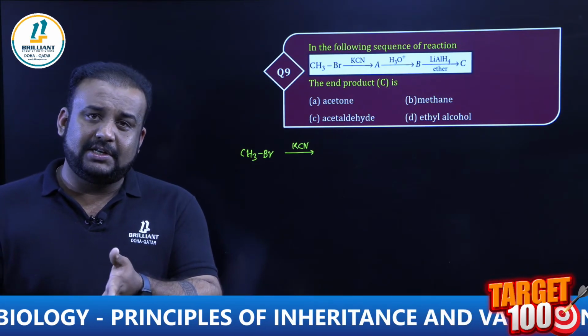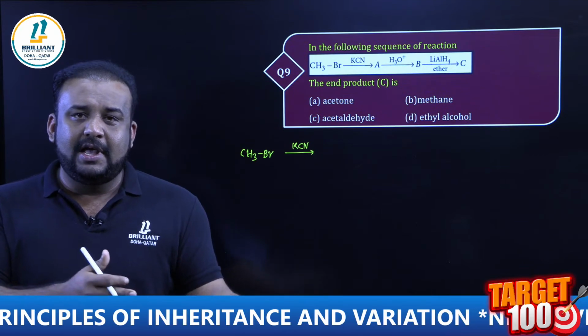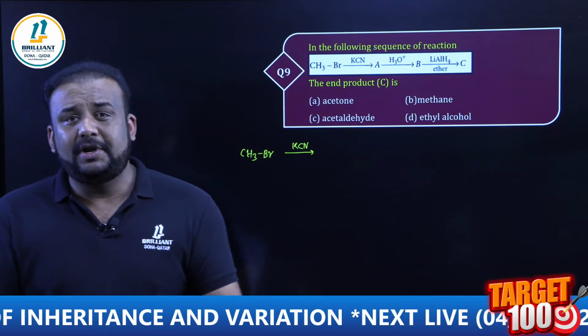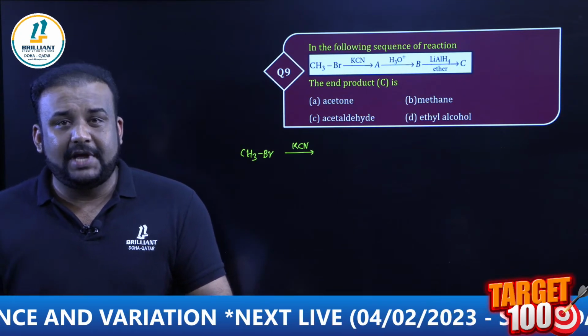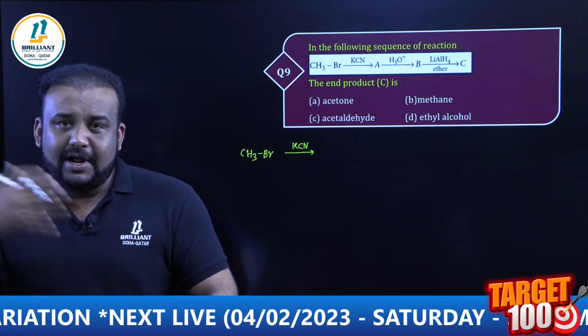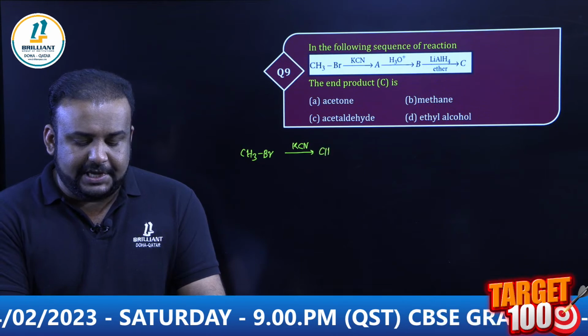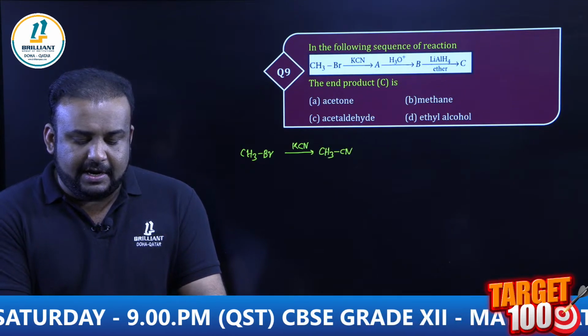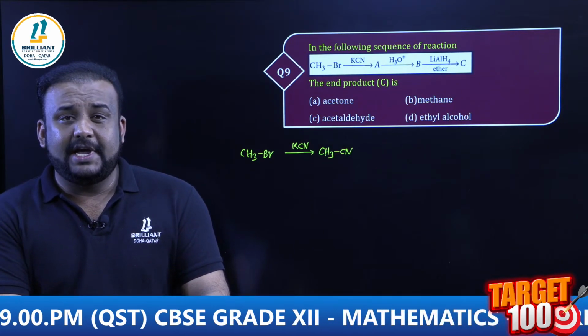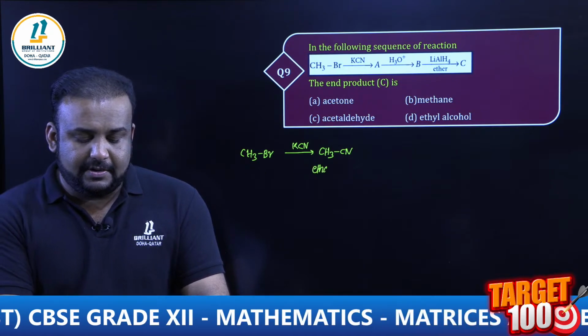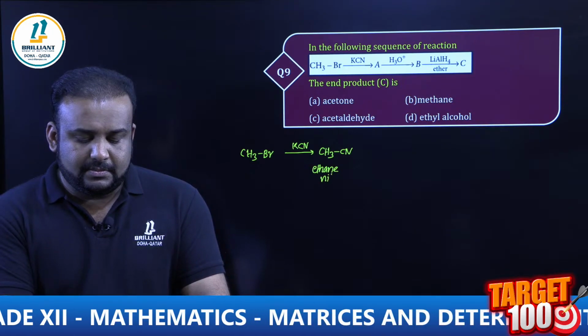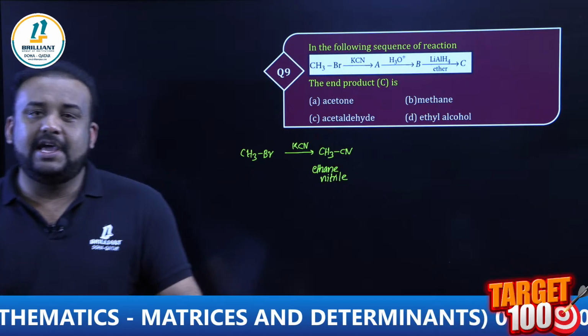It can donate an electron pair through carbon as well as through nitrogen. So it all depends on what kind of reagent are you taking. Are you going to take KCN or are you going to take AgCN? So tell me, if you take KCN, what are you going to see? It will form nitrile. So here we are going to get ethane nitrile.